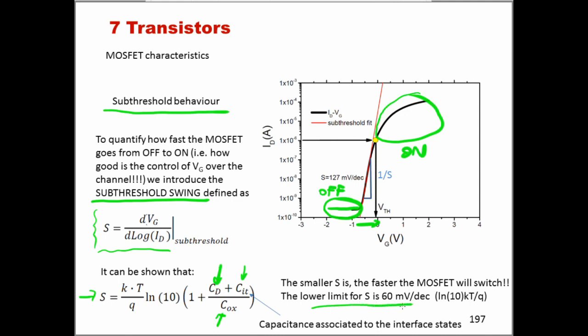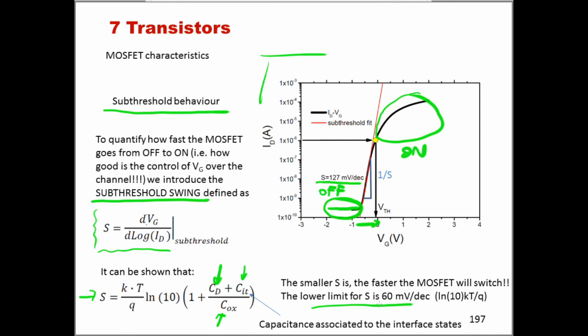The data I've shown you here are data from a real transistor. This transistor has a swing of 127 millivolt per decade. So this clearly tells us that we are still quite far, in this case, from the lower limit of 60 millivolt per decade.